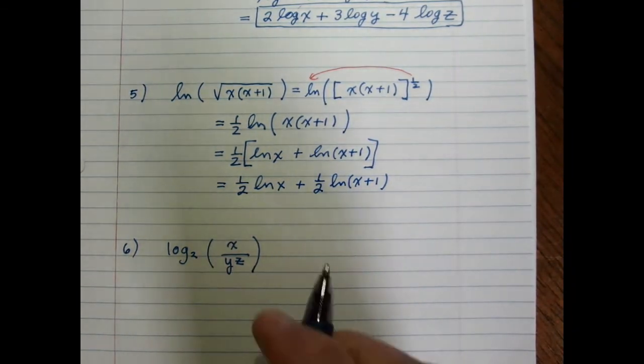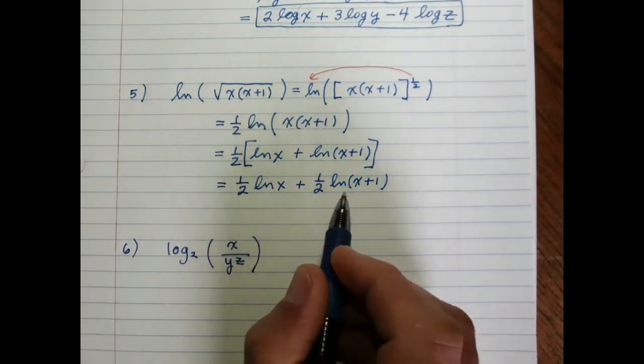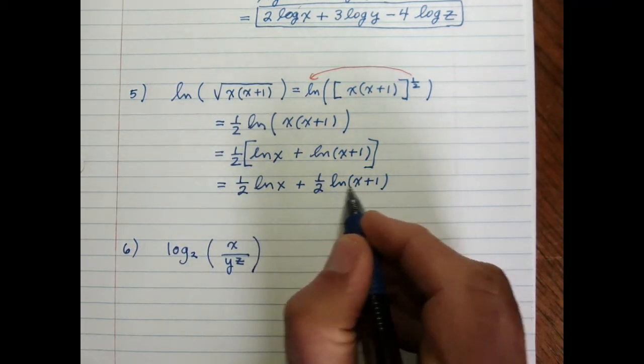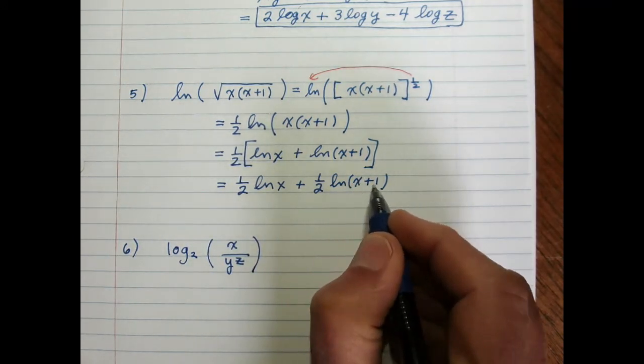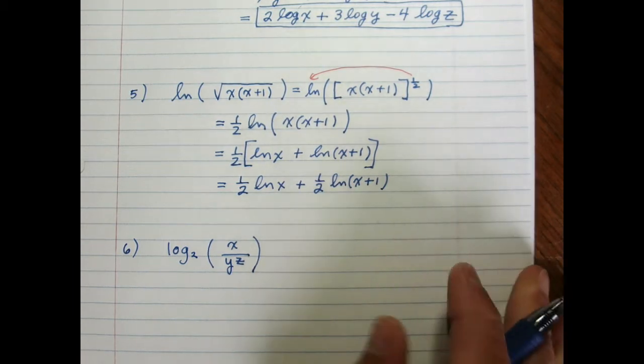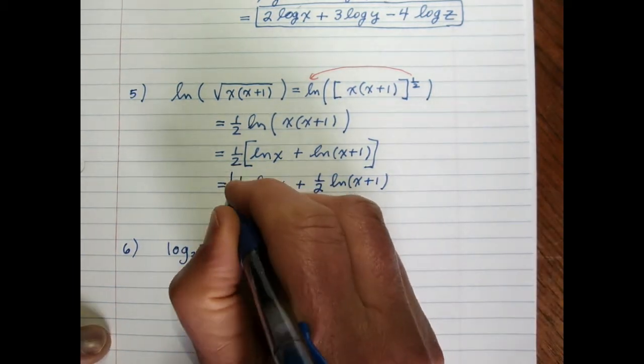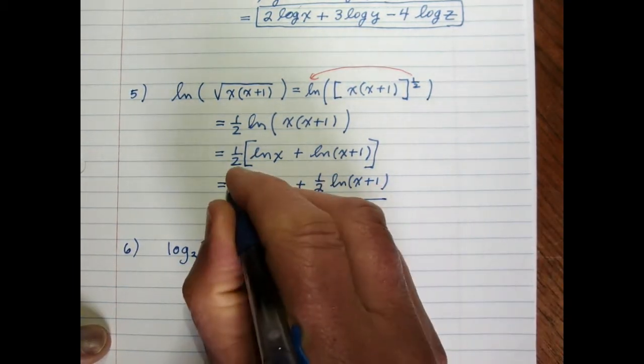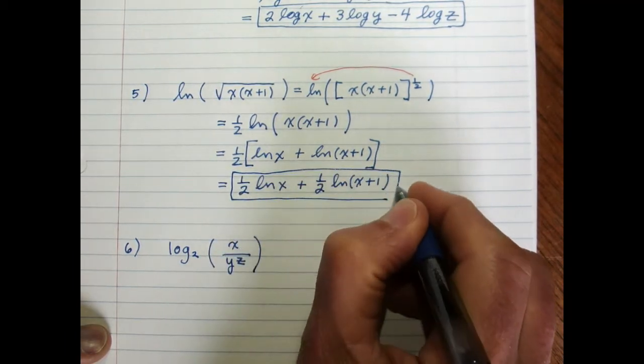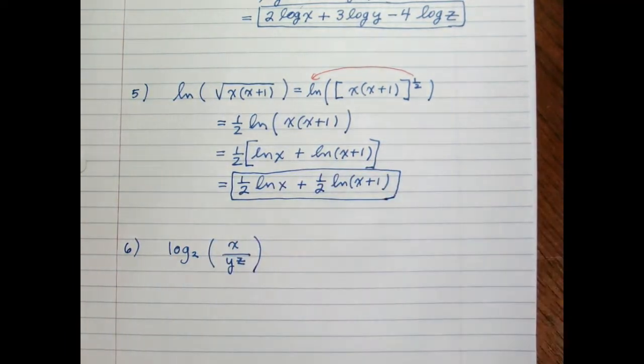And now, can I go further with this? Can I take apart the ln of x plus 1? And we can't. This is as far as we can expand. So the tricky part with this sometimes is trying to do something that's not allowed.